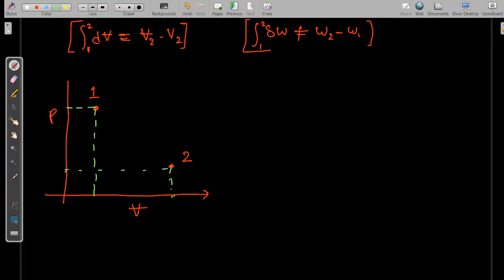Okay, and if there is any change in state of the system, for example, if the system is changing its state, then this is called process. Change in state of the system is called process.